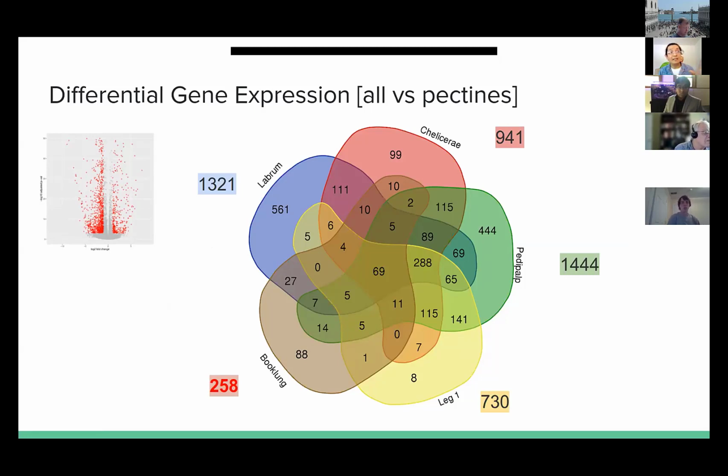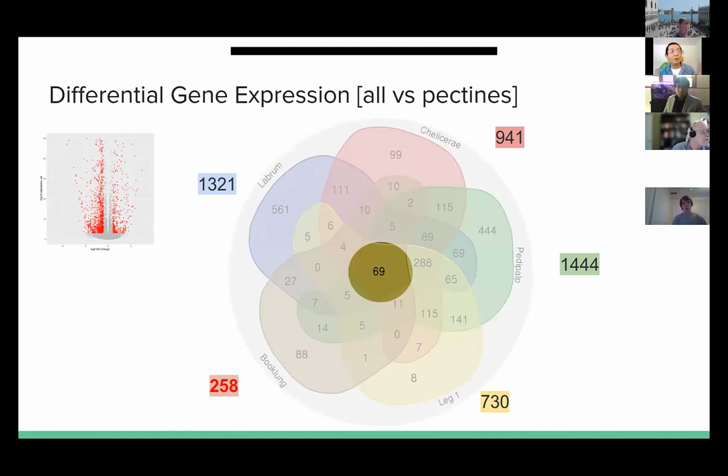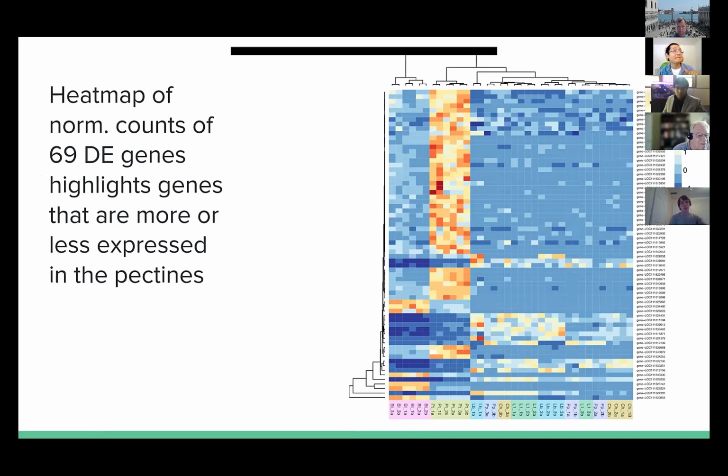And this gives us a universe of genes that make the pectin different from these other appendages. But we could focus more interestingly on those that are shared across all these different comparisons. So this gives us a set of 69 genes that were found differentially expressed across all other appendages. And besides looking at which genes these are, we can also take a look at how this expression is moving.